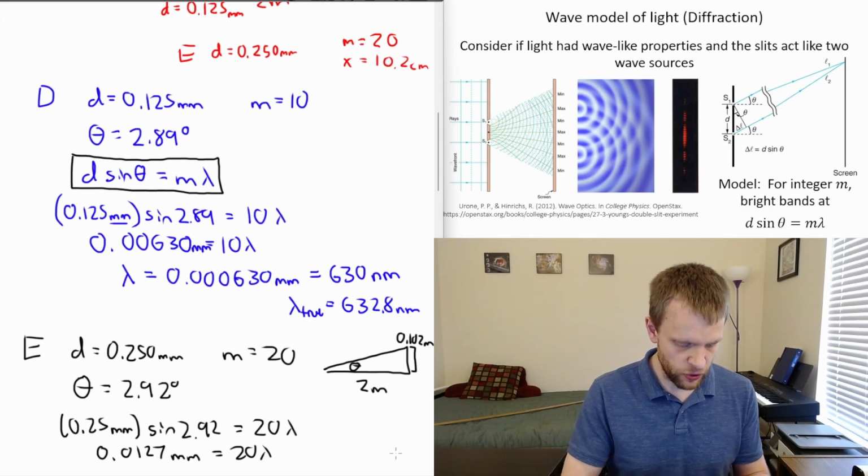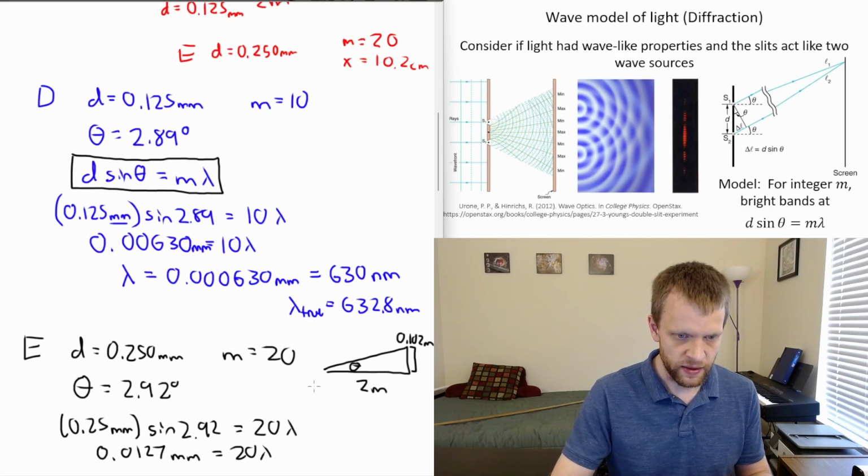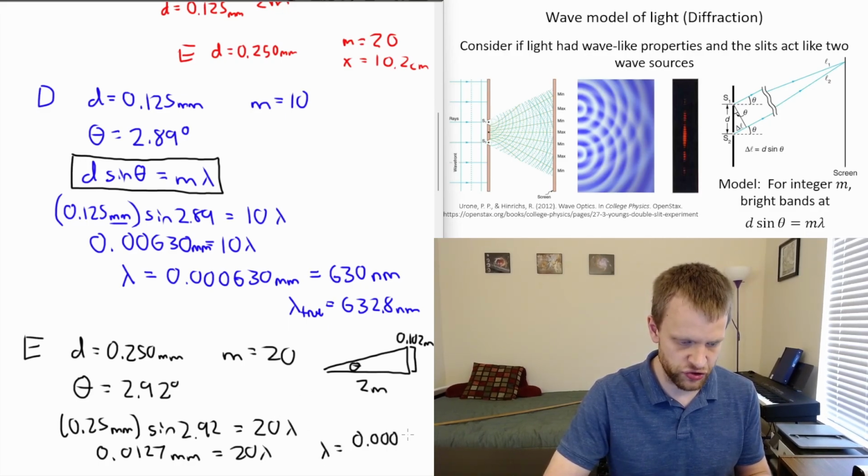And if I divide both sides by 20, in this case, my wavelength ends up being 0.000637. And that would be millimeters, which is the same as 637 nanometers.